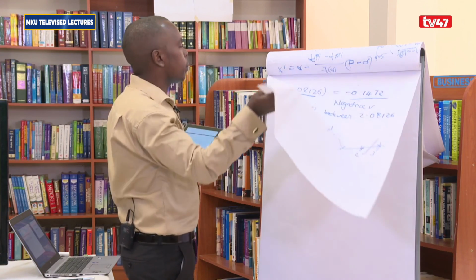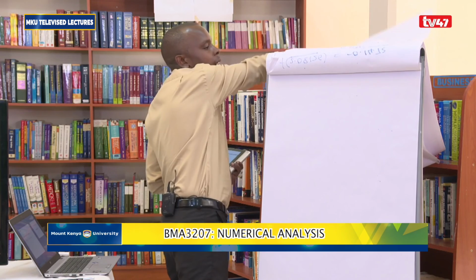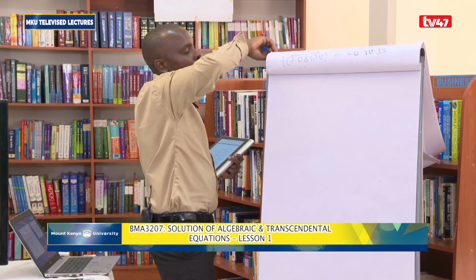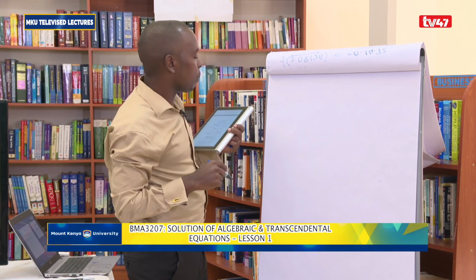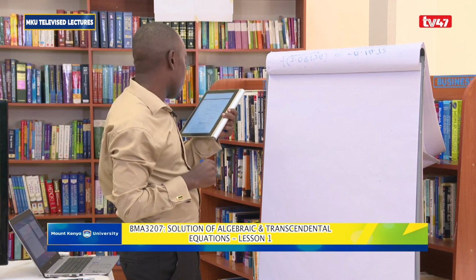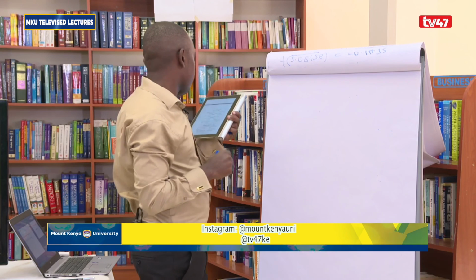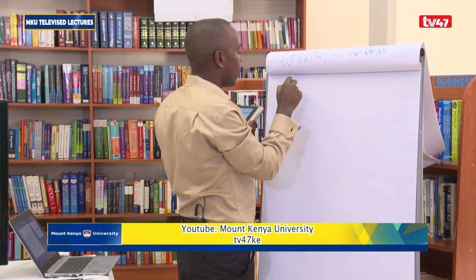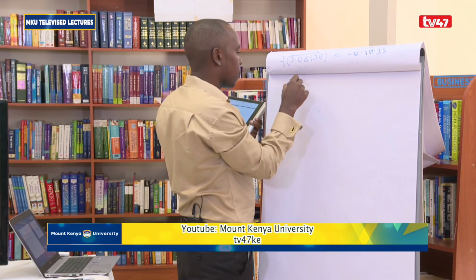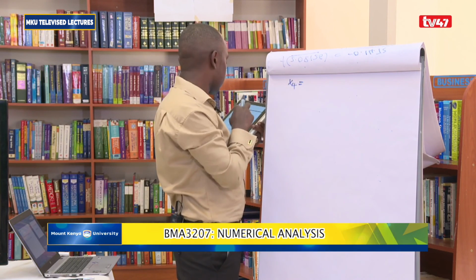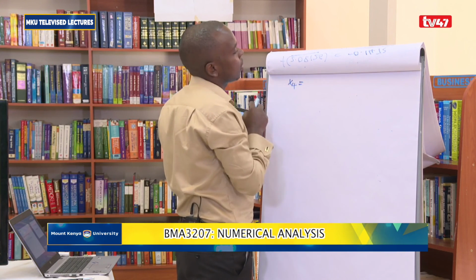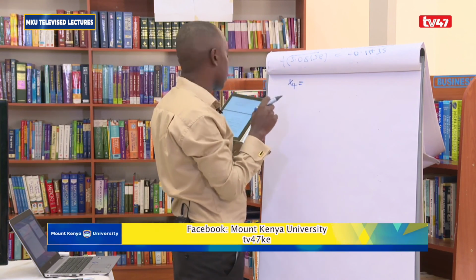So the following approximations, which I would like you to try out, are approximations to our root. So we had x3, x4 will be, so we use our formula in each and every case to find these approximations.